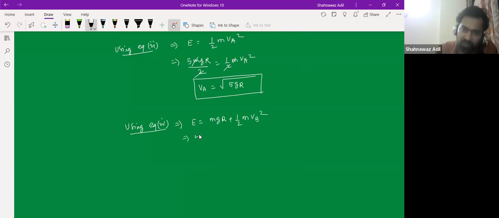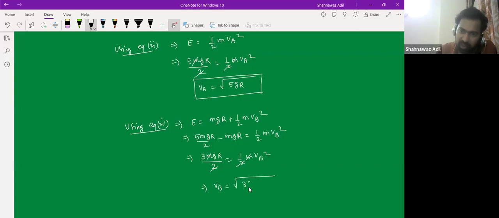So this is 5 mgr by 2 minus mgr, and that is half mvb square. So how much is this thing? 3 mgr by 2 equals half mvb square. 2 cancels, m cancels. So VB is root 3gr.